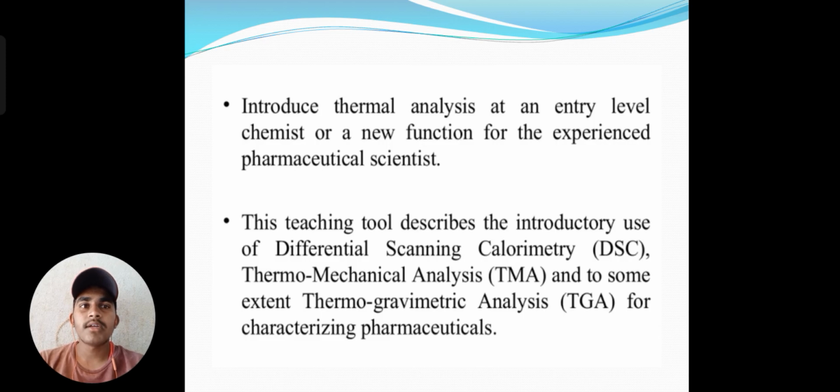Thermal analysis introduces an entry level chemist to a new function, or is a new function for the experienced pharmaceutical scientist. This teaching tool describes the introductory use of differential scanning calorimetry DSC, thermomechanical analysis TMA, and to some extent thermogravimetric analysis TGA for characterizing pharmaceuticals.